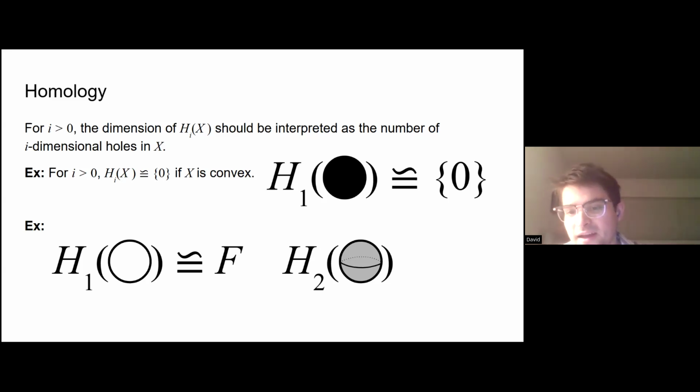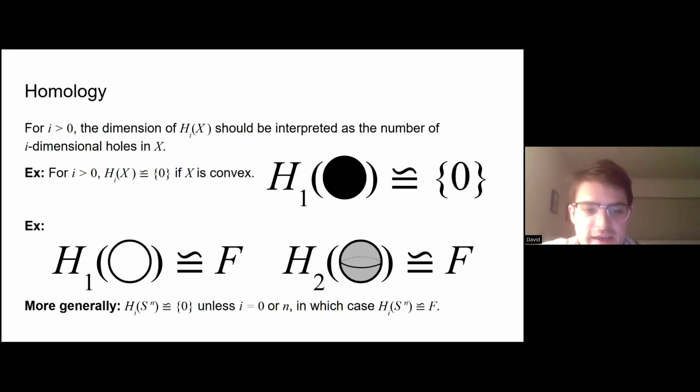So a two-sphere has one such hole, and indeed H_2 of the two-sphere is a one-dimensional vector space. In general, an n-dimensional sphere has one n-dimensional hole, or at least that's what homology says.